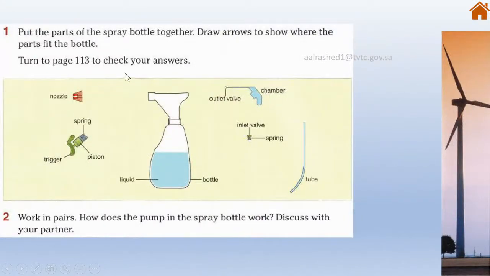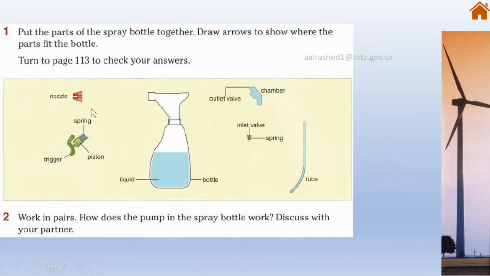Let's see the first exercise. We have some vocabulary we'll go through and try to get the meaning from their pictures. For number one, it says put the parts of the spray bottle together. So this is a spray bottle.